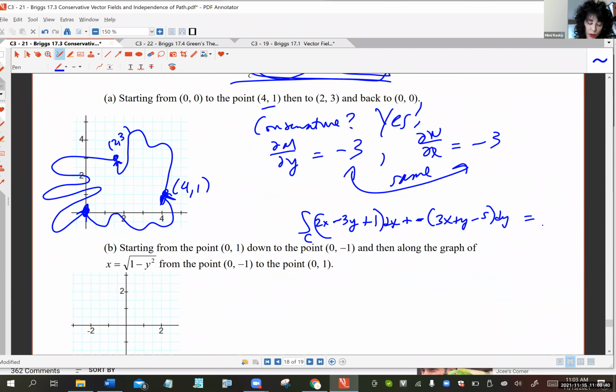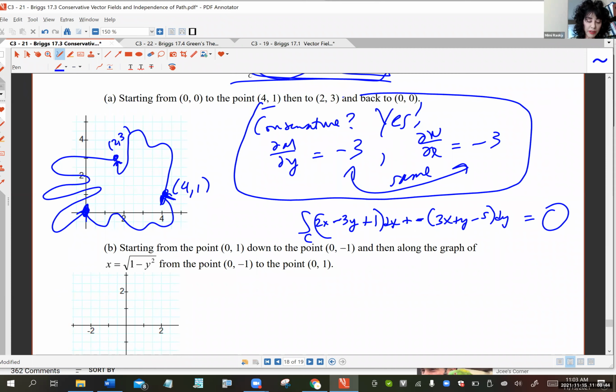I don't have to do any work. The only work you would do is show that it's conservative, and then you claim that by the equivalent conditions theorem, we can state without doing anything that the answer will be 0 because it is a closed curve. Okay, we're done with letter A.